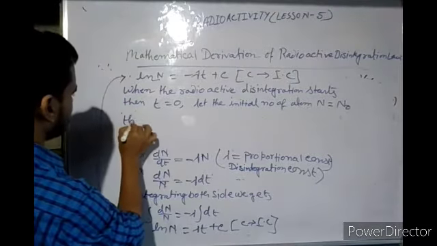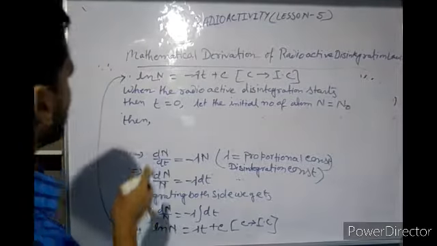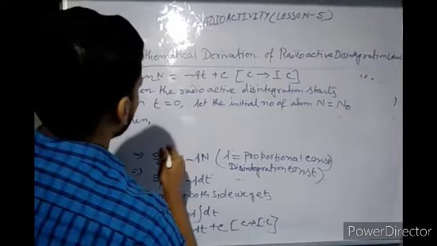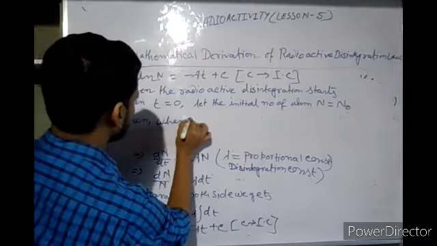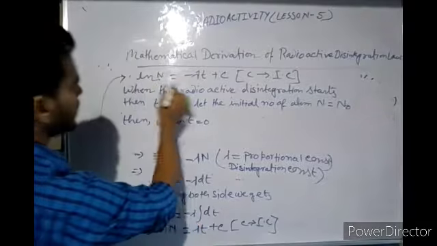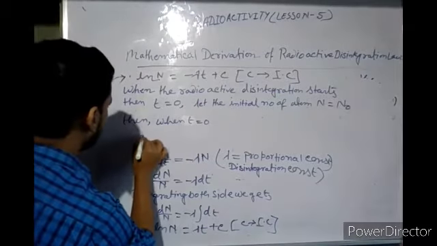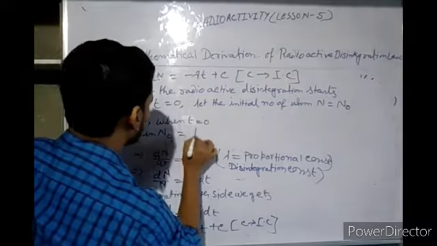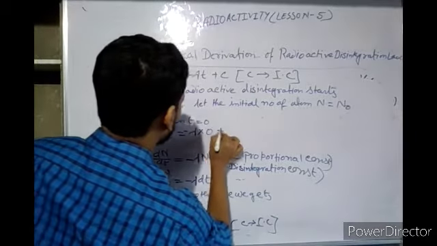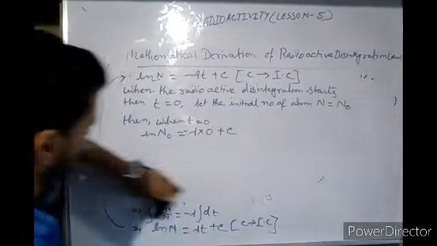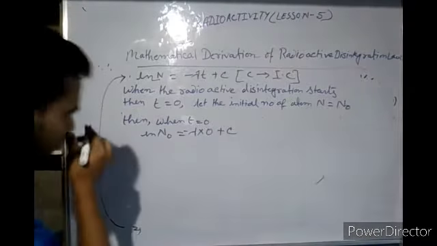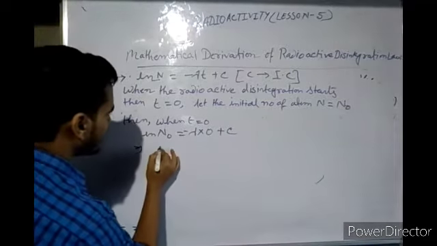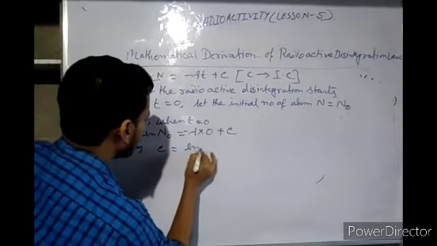Then when t equals 0, putting the values in this equation, ln N0 equals minus lambda times 0 plus C. Then C is equal to ln N0.